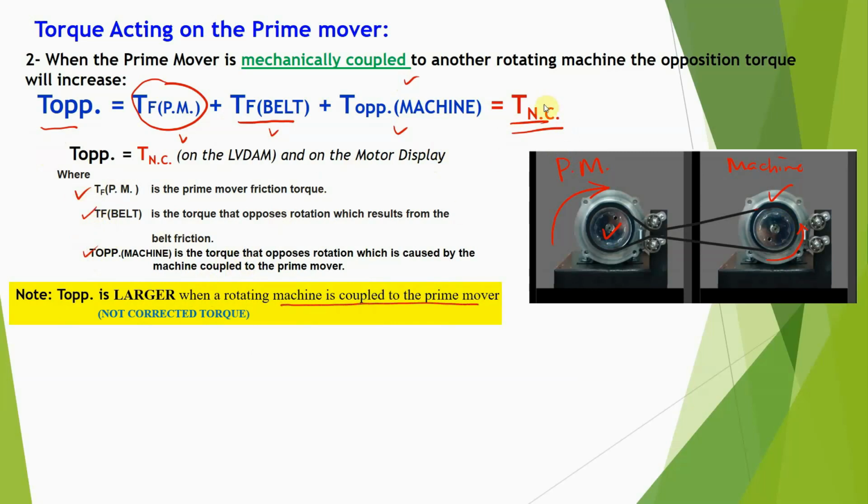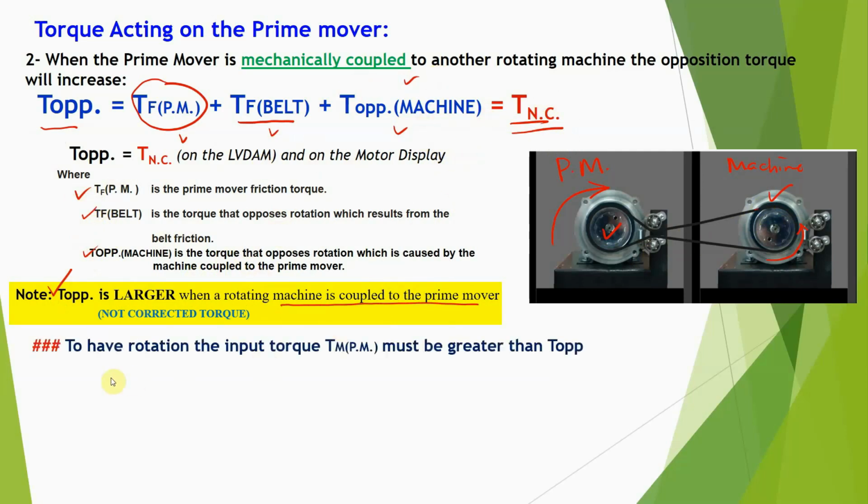It is obvious. We have an additional source of friction, so the T opposition will be larger compared to before when it was not coupled to another machine. Now, to have the rotation, again, the input torque of the prime mover must be greater than the T opposition. It must be greater than all of this torque opposition in order to have a rotation.